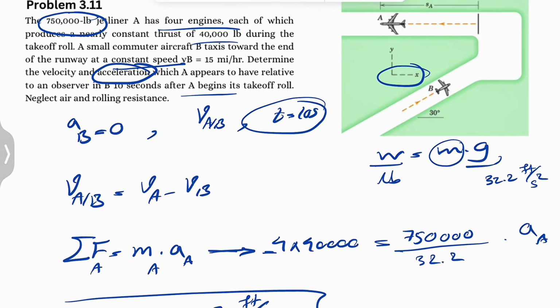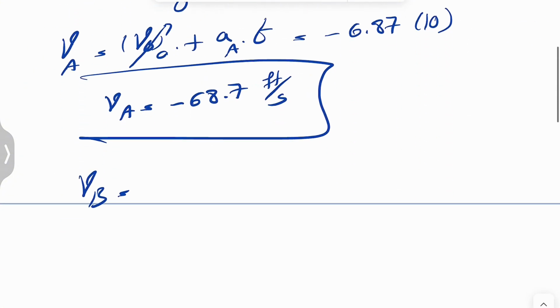Let's figure out the velocity of B. The only thing that we need to watch for in here is that the unit is miles per hour, and we are going with feet per second. So we have to do the unit conversion in here. This is miles per hour, so let's convert to seconds and feet.